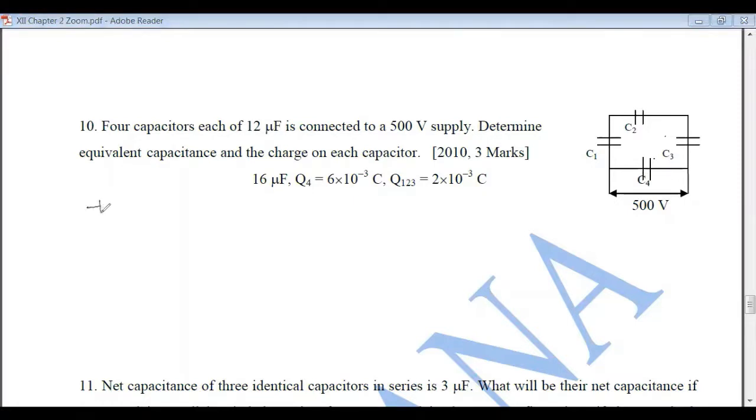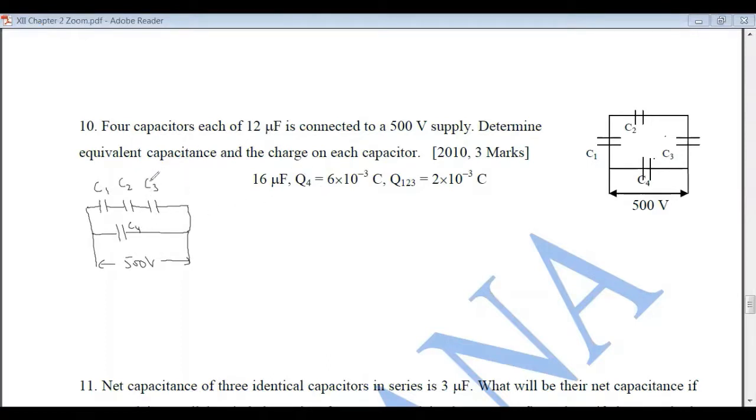Let's redraw the figure. This is C1, C2, C3, which is in parallel to C4, and the battery voltage is given as 500 volt.